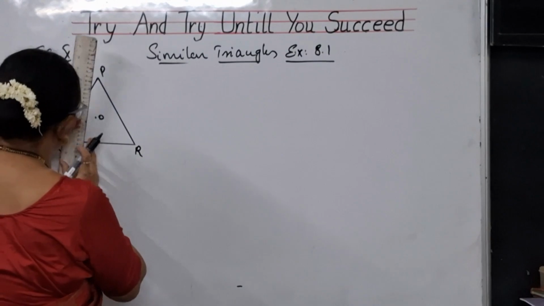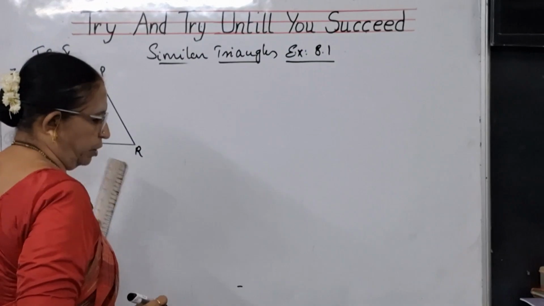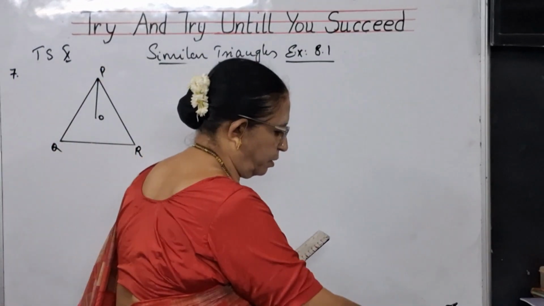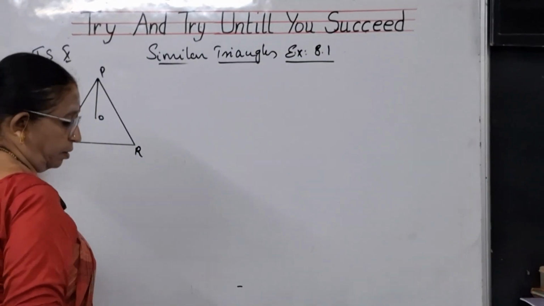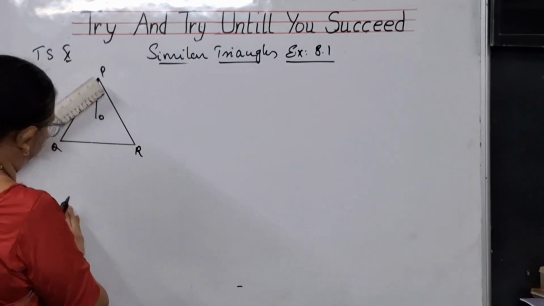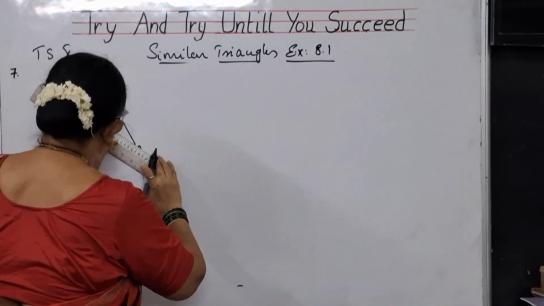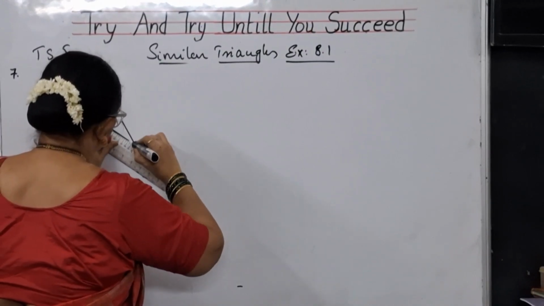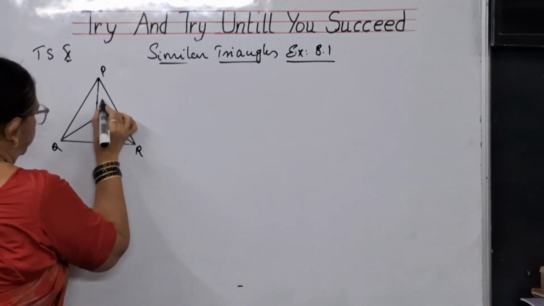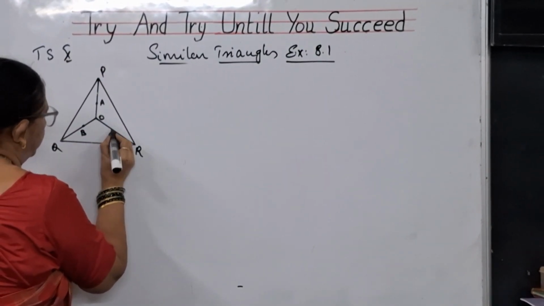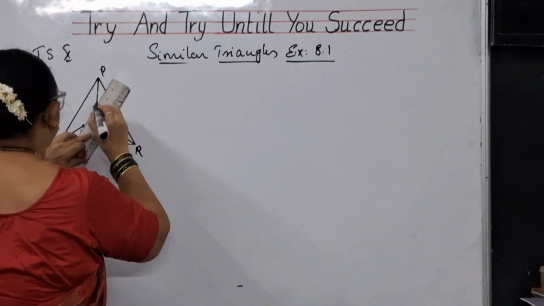With this midpoint, these lines PO, OQ and OR are joined. Then ABC. Here a point A, here a point B, here a point C. So these are drawn like this.